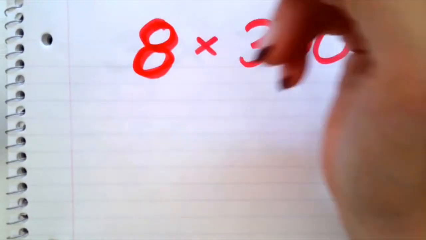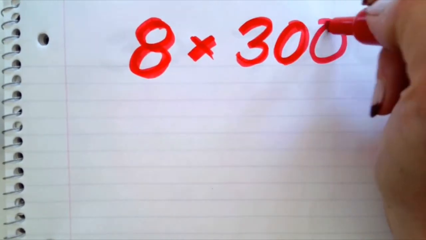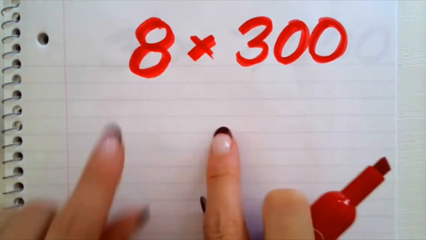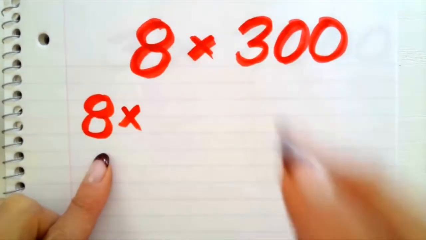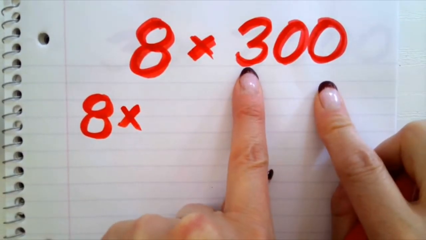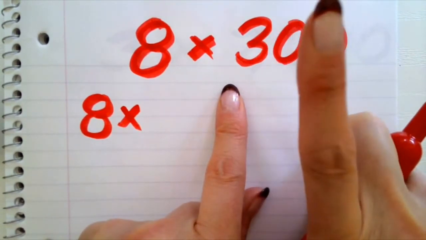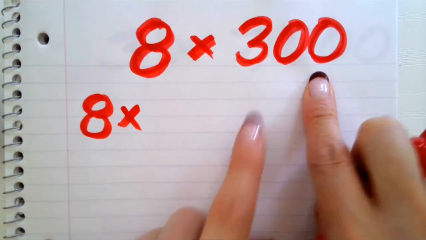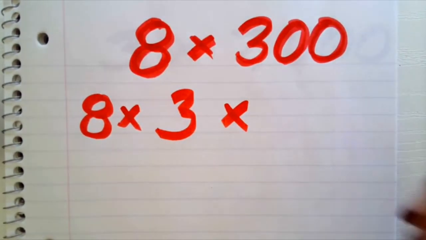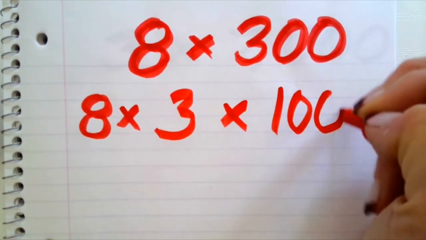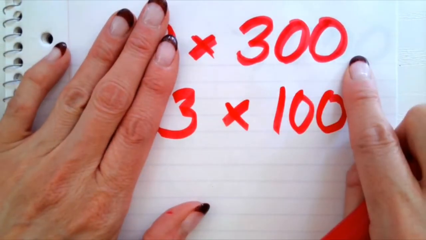8 times 300. We know we're going to have 8 times, but what is 300 broken up into? 300 is 3 times what? 100. 3 times 100 is 300.